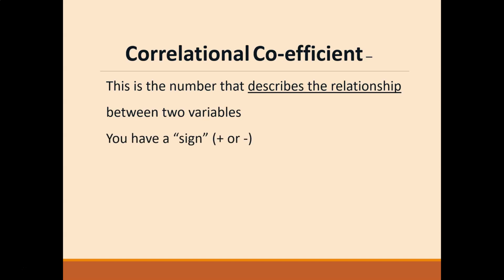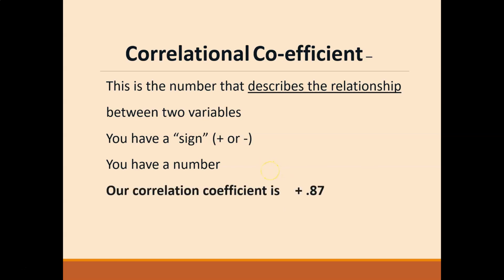Now, a correlational coefficient is not just a number, it's a number that has a sign. And so the sign is going to have a specific piece of information. So we have a sign and we have a number. So the sign is either going to be a plus or a minus, positive or negative, and we also have a number associated with it. So let's just say that there was a correlational coefficient of a positive, see there's my sign, 0.87, there's my number.